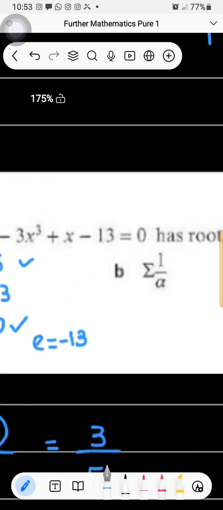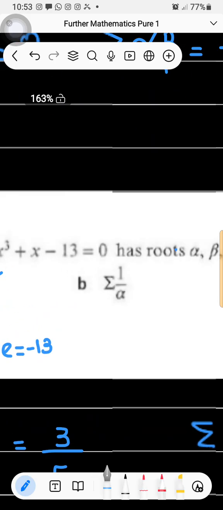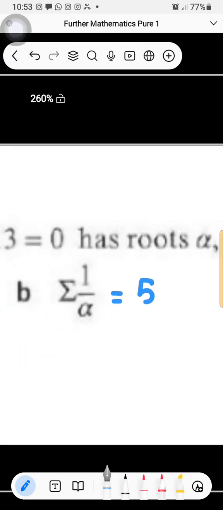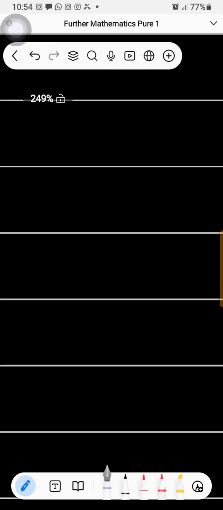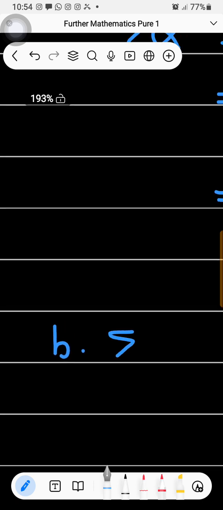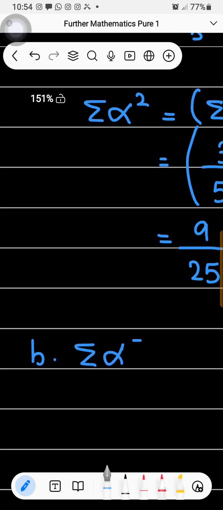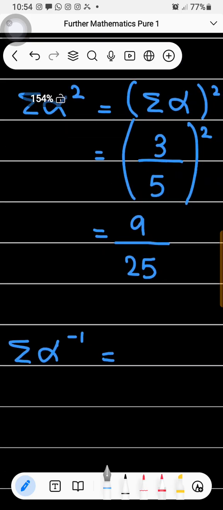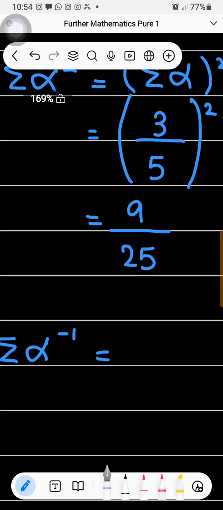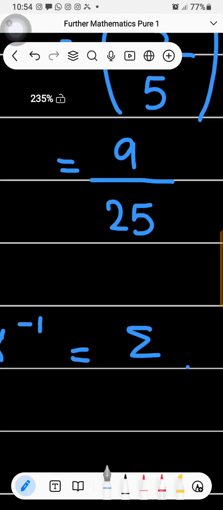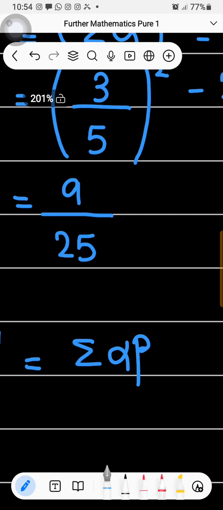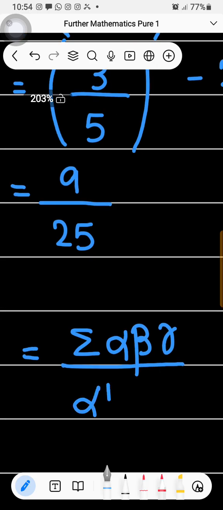Now in part B we have to find sum of 1 upon alpha. Part B we are going to find out sum of alpha minus 1. The formula is, what is the formula? Second last upon last. Second last is sum of alpha beta gamma, and the last is alpha beta gamma delta.